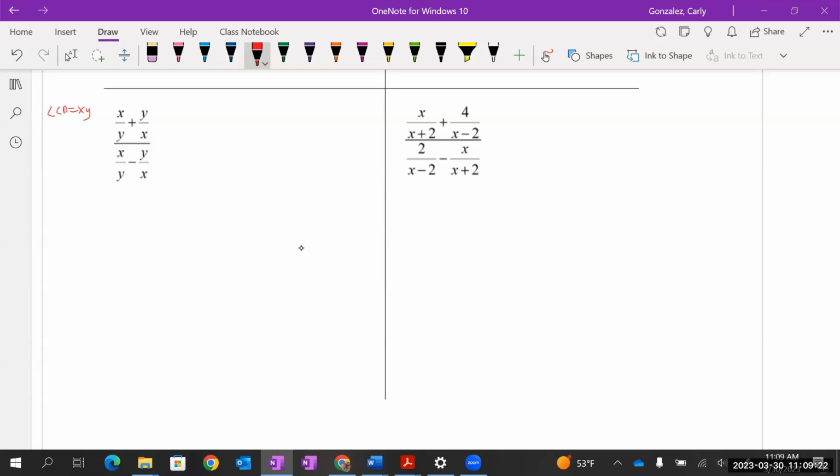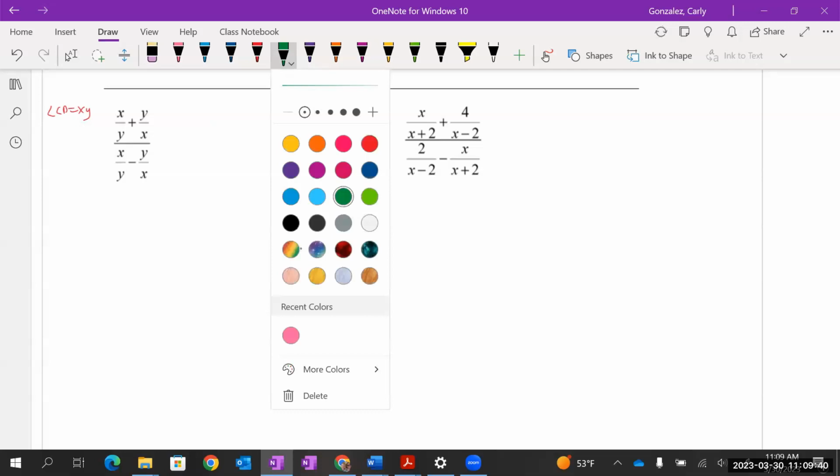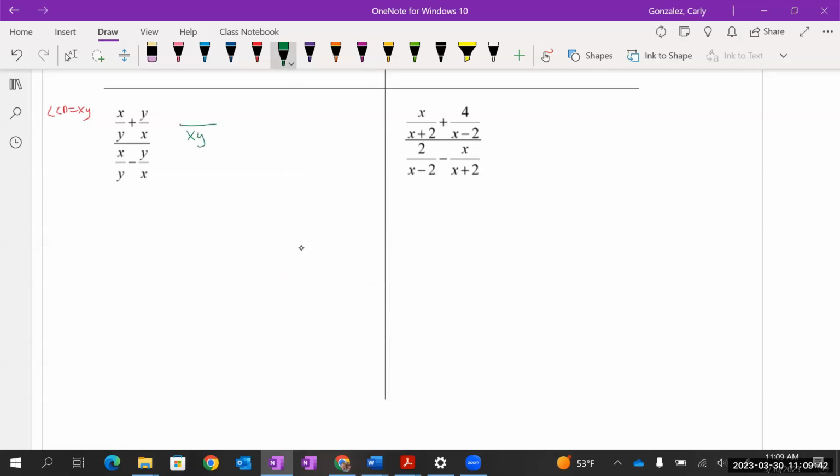So let's just focus on the top here. In those two expressions, I need both denominators to be xy. So on the top left, I already have a y, but I need an x.